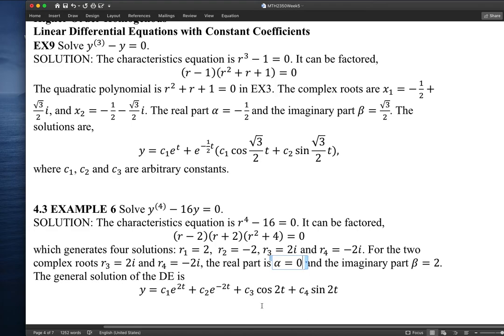There is an exponential term with the real part, but in this case, e to the 0, so the exponential function for c3 and c4 vanishes because the real part is 0. But the cosine and the sine both stay according to the imaginary part, beta equals 2. So indeed, the solution of this fourth order linear differential equation is the linear combination of 4 linearly independent functions. Thank you for watching.